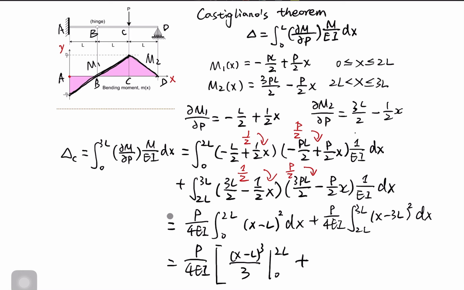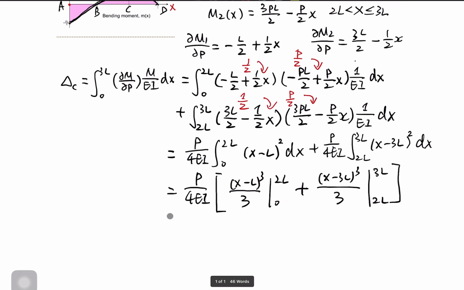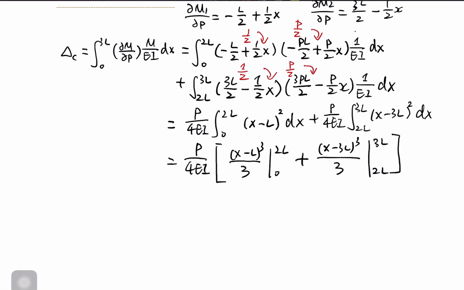We get x minus 3L cubed over 3. After we evaluate these two integrals, we find that the result will be PL cubed over 4EI.